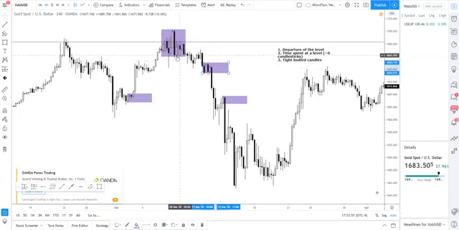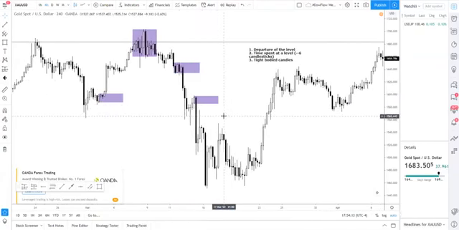If you compare the departure of this level, it's very weak. This is very compact, tight, and you see the effect of this. So that's how you identify institutional buying and selling.